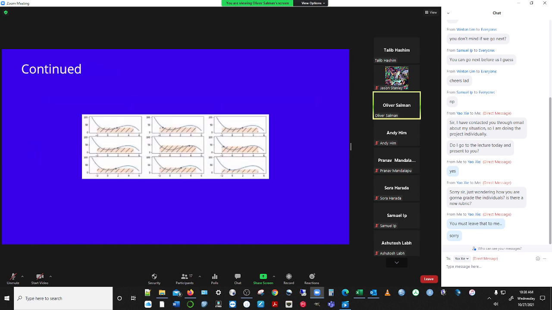Taking n points from our function, we get visualized points like this along our curve.